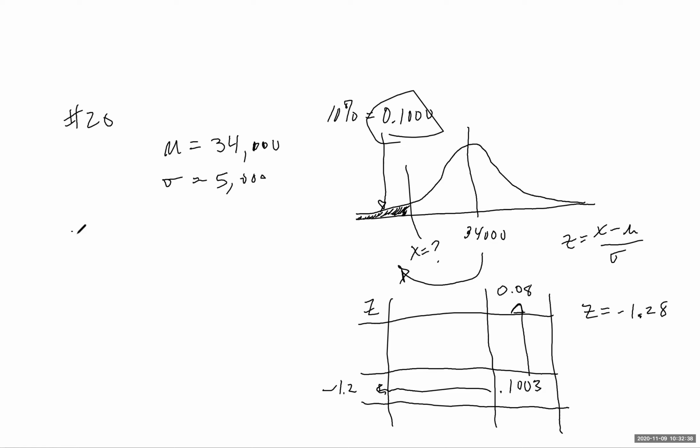I'll come over here and work this. Now I think I can use my formula. Negative 1.28 equals X minus 34,000 divided by 5,000. Multiply both sides by 5,000.